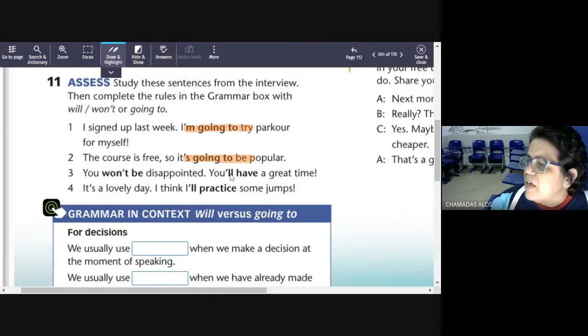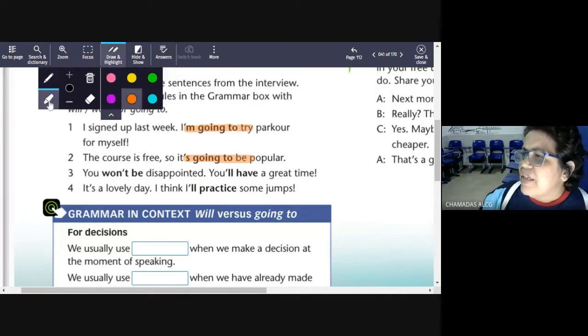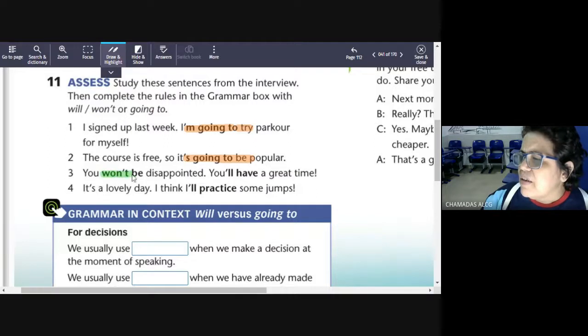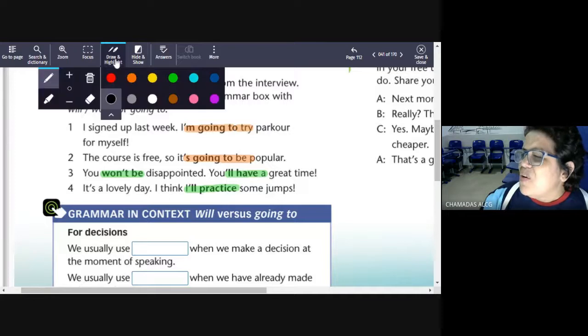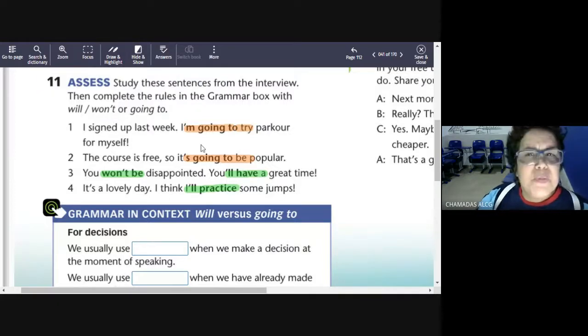But here we have a different verb tense. This is the simple future. So let's highlight. I'm going to highlight in green, okay? This is negative, this is affirmative, and this is affirmative again. So what's the difference, guys, between them?